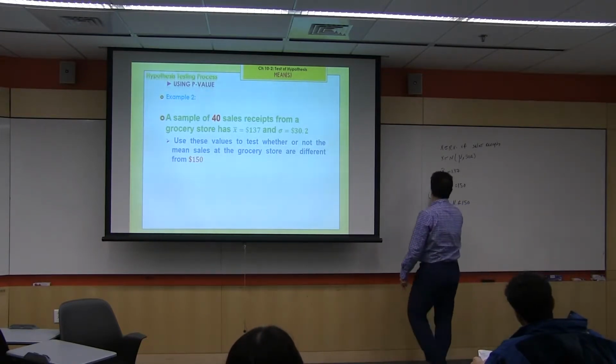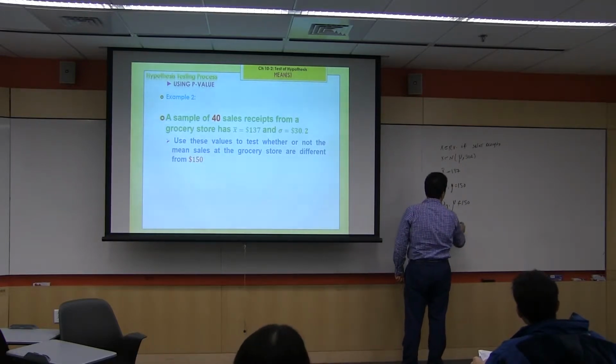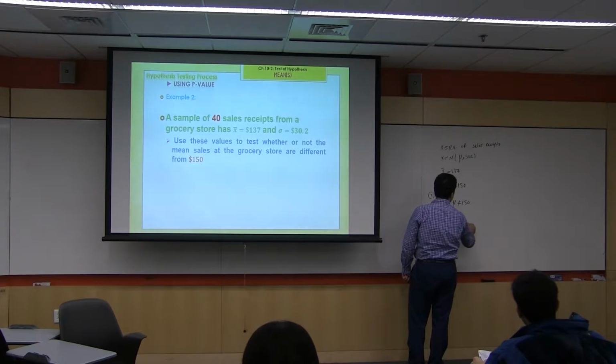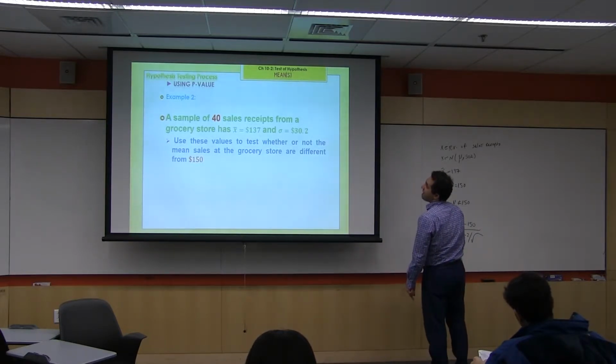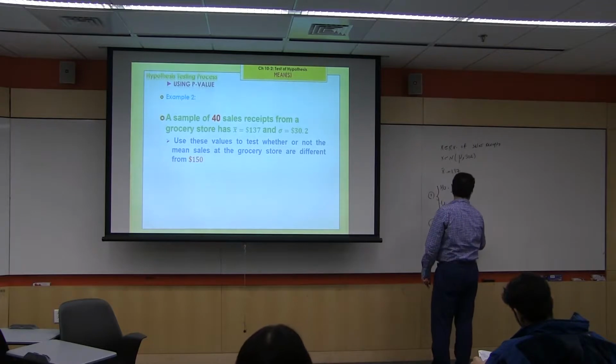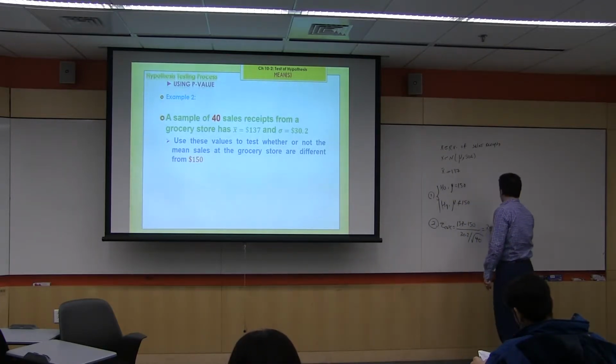This is the first step. Second step, getting the z-calc. I'm using Z-calc: X bar 137 minus mean 150 over sigma 30.2 over the square root of n, which is how many? 40. Z-calc is 2.722.